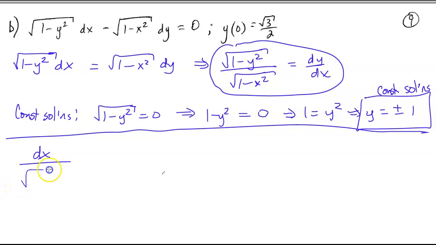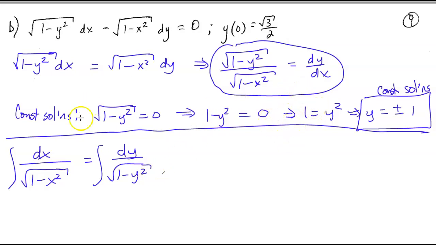And so this would be dx over the square root of 1 minus x squared. And this will be dy over the square root of 1 minus y squared. And then, of course, from there, we can take the indefinite integral of both sides.